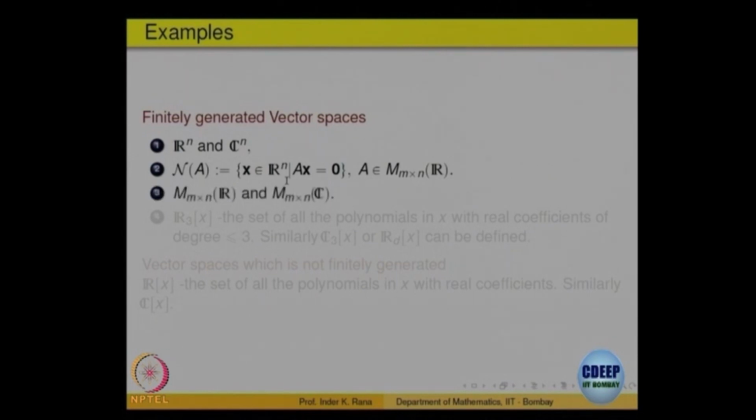All matrices, do you think the space of all matrices is finitely generated? That means every matrix of order m cross n can be obtained as a linear combination of some finite number of matrices. Let us look at 2 by 2, for example, a, b, c, d. I can write this as: take the first element as a, all remaining 3 as 0.